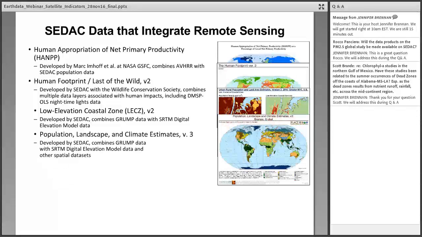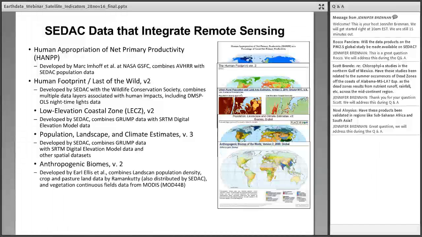This is a one-time mission by NASA to collect radar topography. PLACE, which is the Population, Landscape, and Climate Estimates, uses a variety of satellite inputs to measure population by country in different climate zones, biomes, and elevation categories.